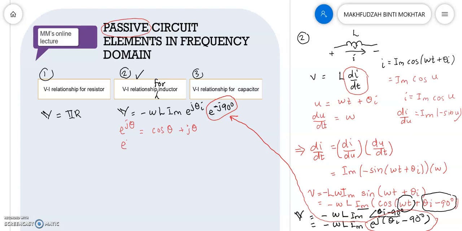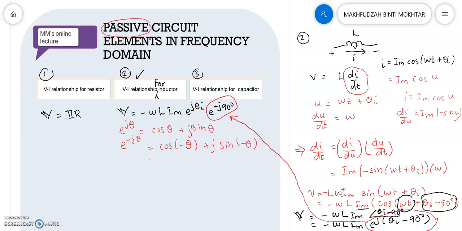If we have exponent negative j theta, we will have cos negative theta plus j sine negative theta.